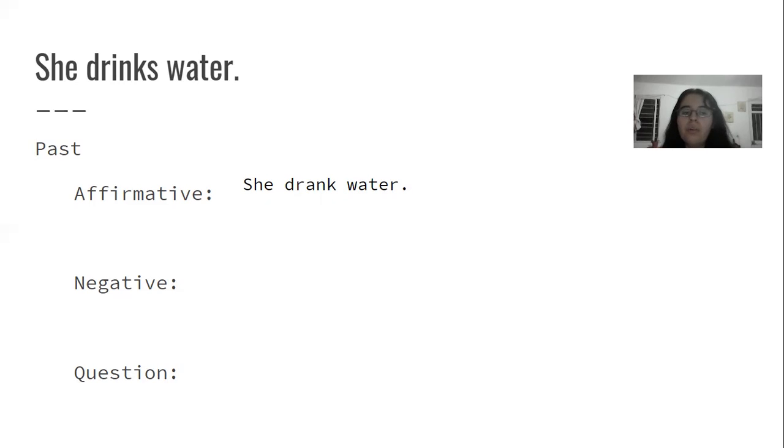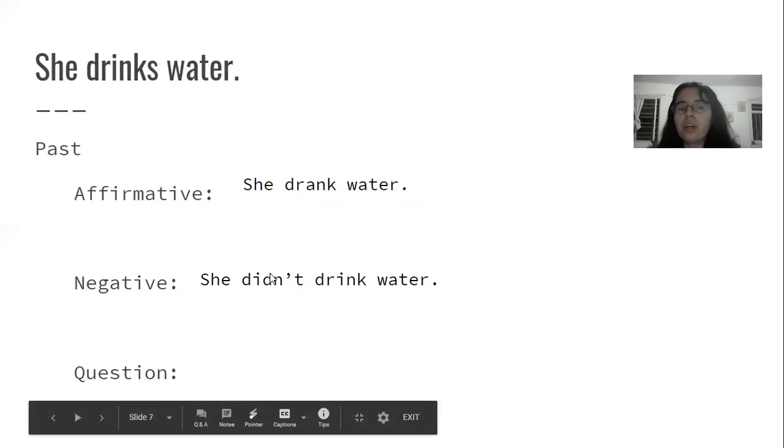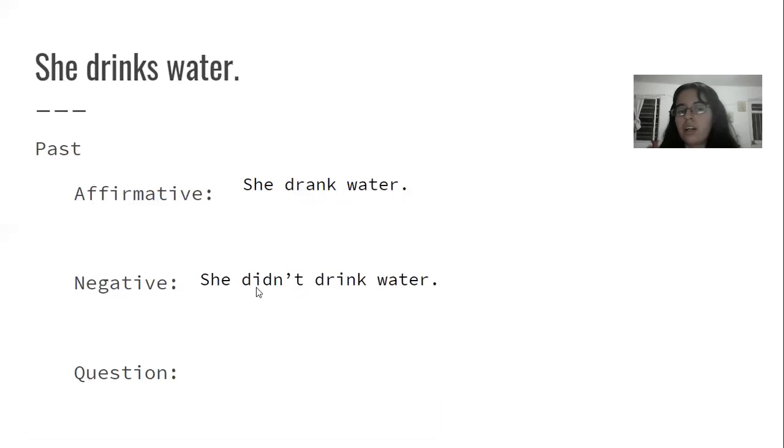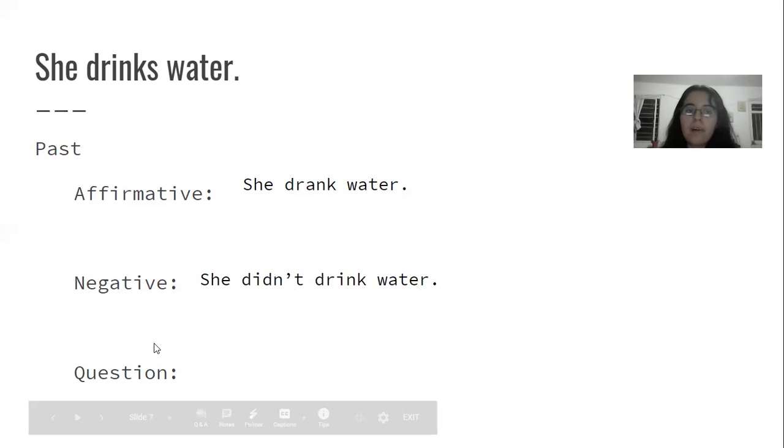Then how would we turn it into a negative form? So the negative would be, she didn't drink water. Here we have the did and the not combined together. So it would be, she didn't drink water, or we could also put, she did not drink water, whichever one we want.